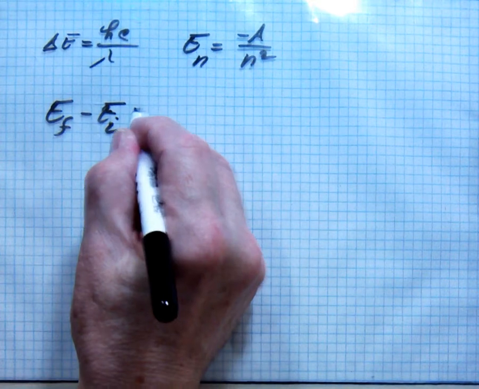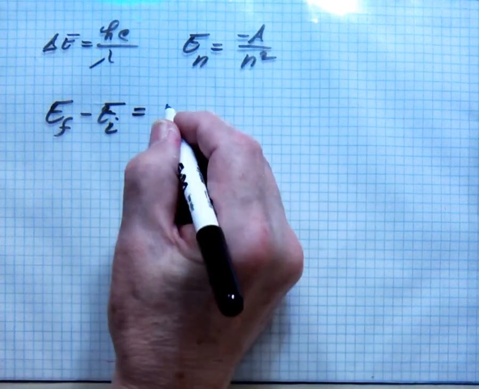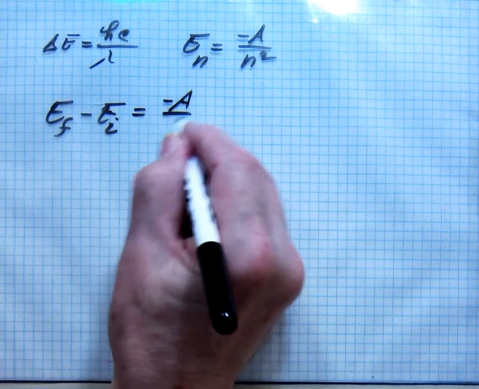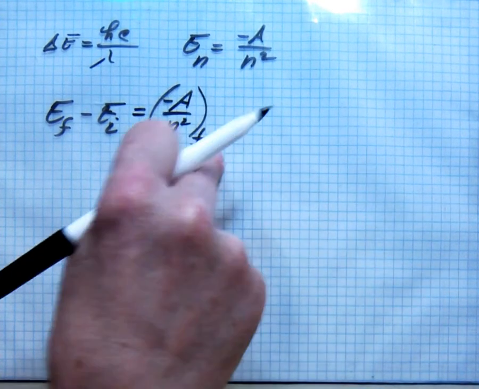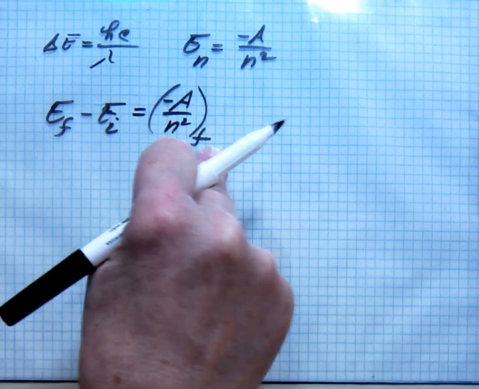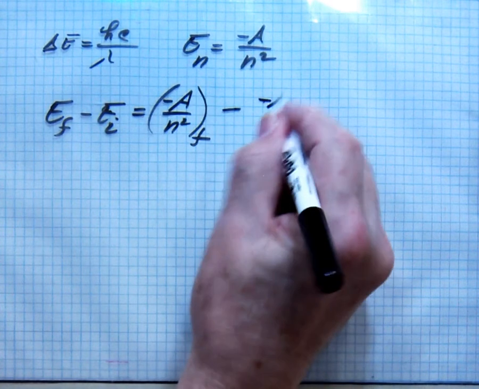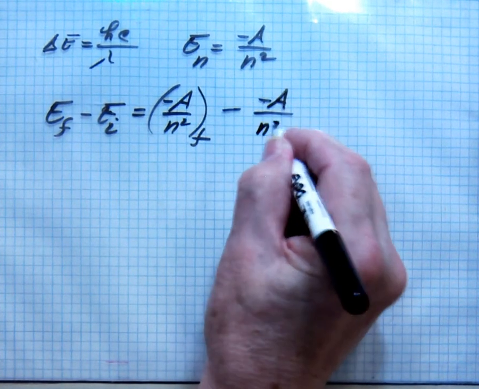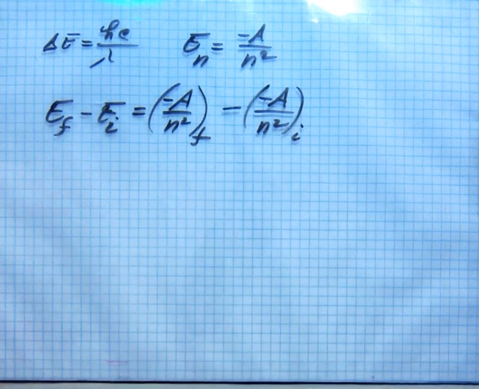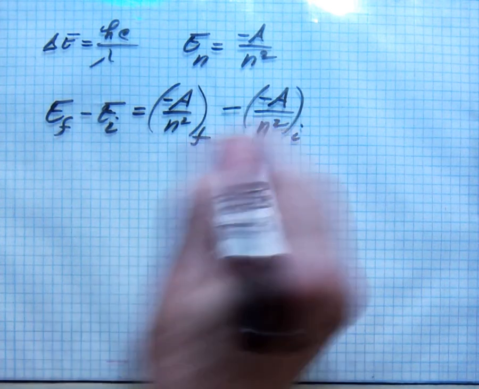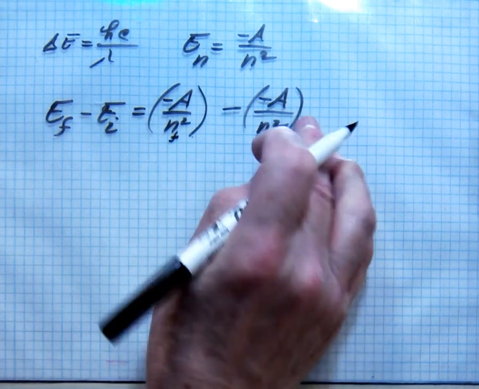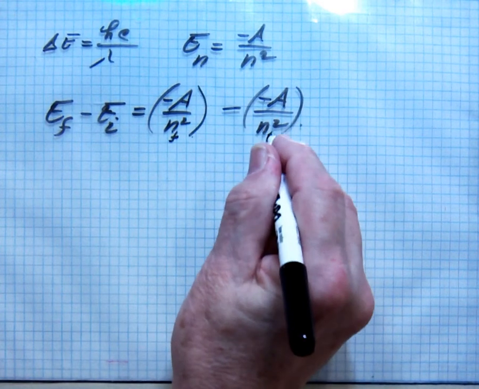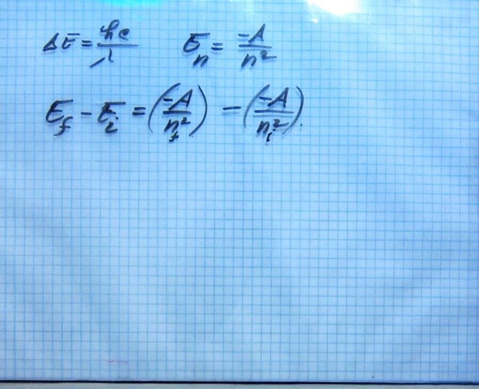E final, we're just going to say is minus A over n squared final, because that's the positional energy. That's the delta E. Minus, minus A over n squared initial. Just like that. And that's what we did earlier.